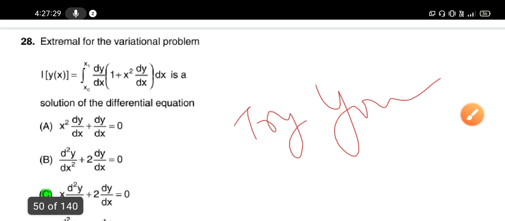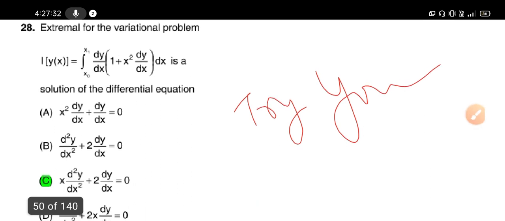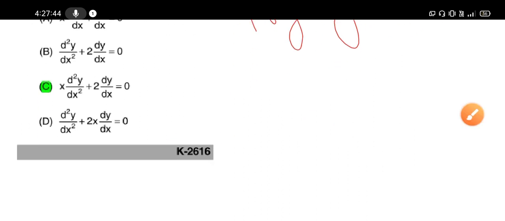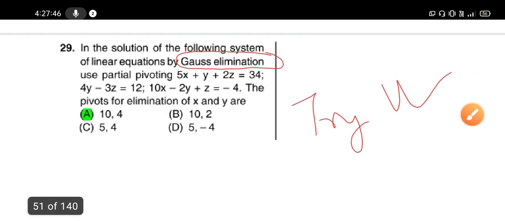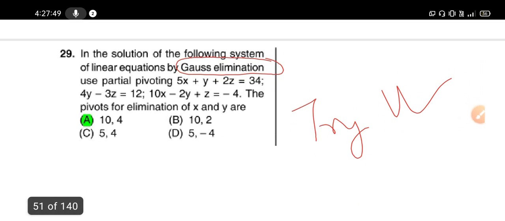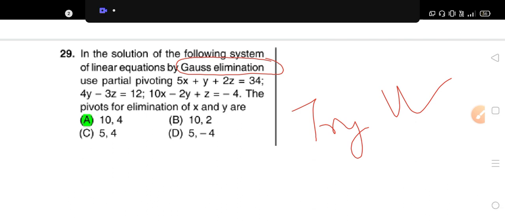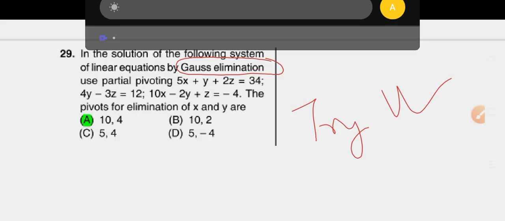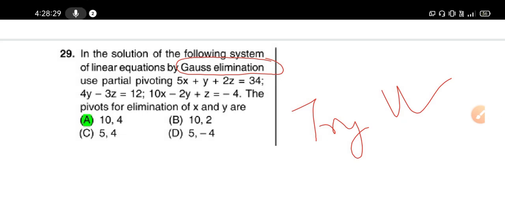Next question, the extremal for the variational problem I of x equal to the integral from x naught to x1 of dy by dx times (1 plus x square dy by dx). Solution of the differential equation. Try yourself. Next question, the solution of the following system of linear equations by Gauss elimination using partial pivoting.